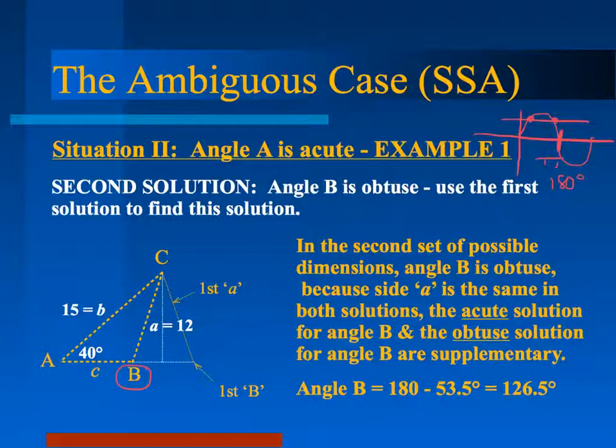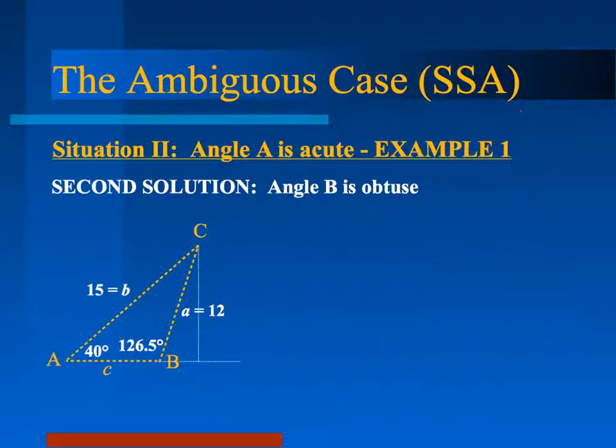And in order to keep these separate, I call this B1 because that was in my first triangle, and I call this B2 because it's in my second triangle. I don't know if you can see that very well, I'll erase my circle. For B2, we subtract off the 53.5 that we found, and this now obtuse angle is 126.5. So if I know that, this is B2, this is going to be C2, and what else do I need to find?